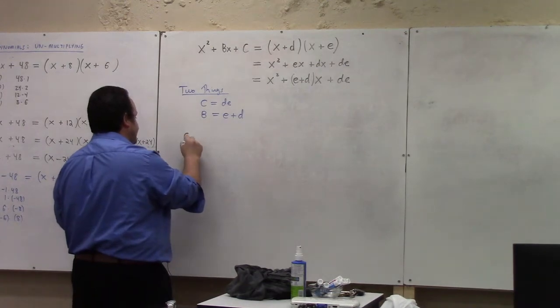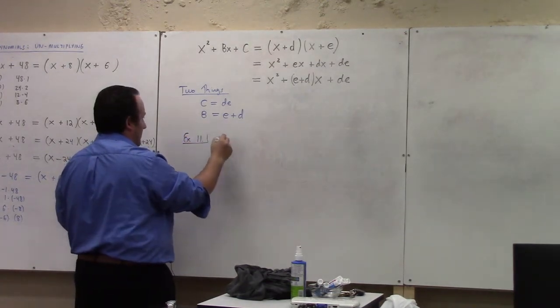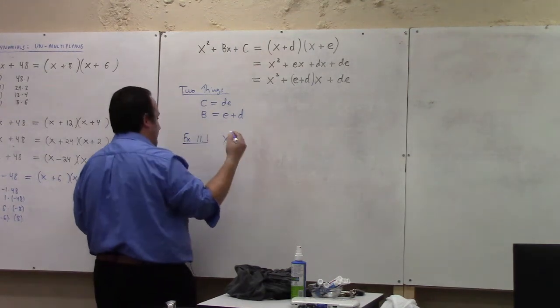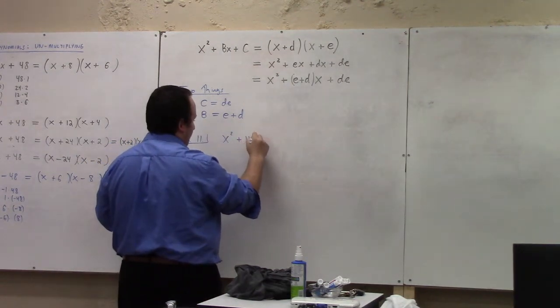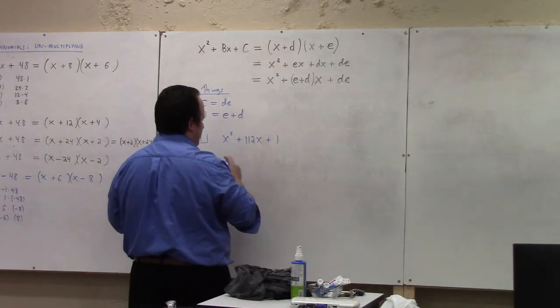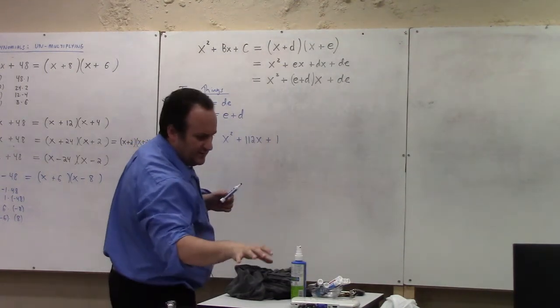So we have x squared plus 112x plus 111, well, plus 112. Where did I get 112 from? What's wrong with me?